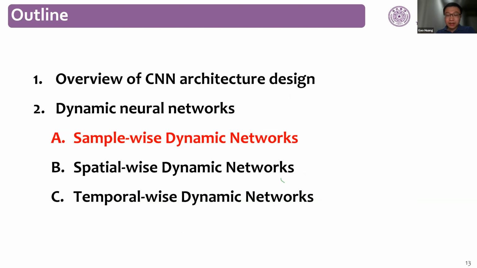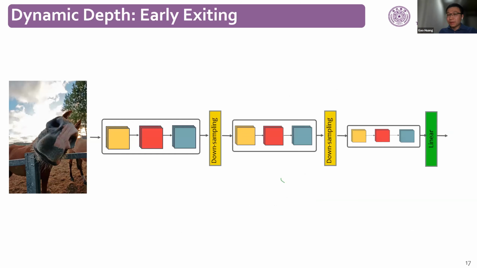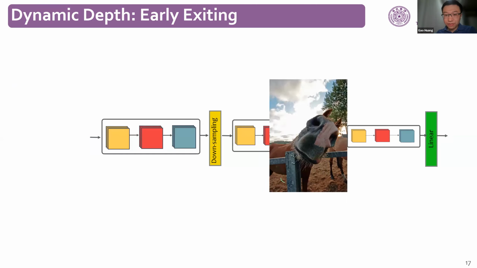And then I will talk about concrete algorithms to achieve this goal. Perhaps the most popular way to achieve this dynamic inference is first constructing a very deep model.